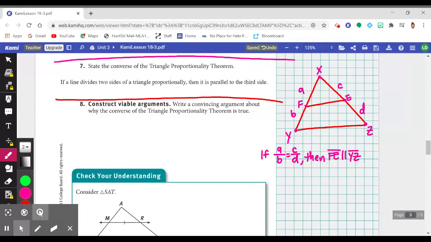Remember, if, for example, FE was parallel to YZ, then it divided the triangle proportionally, such that A corresponded to B and C corresponded to D. So now we put that in reverse and say if A over B is equal to C over D, which is a proportion, if this proportion is true, then line FE has to be parallel to YZ. That's the converse of the proportionality theorem. So now we're going to forge ahead.